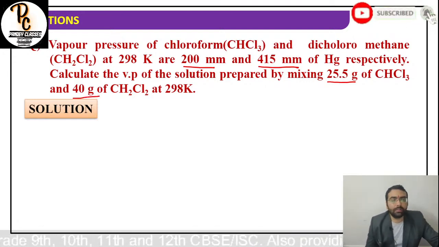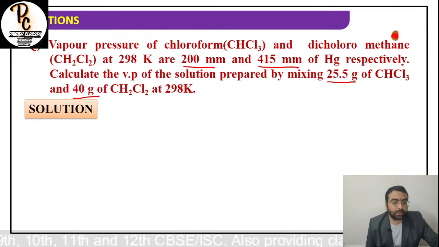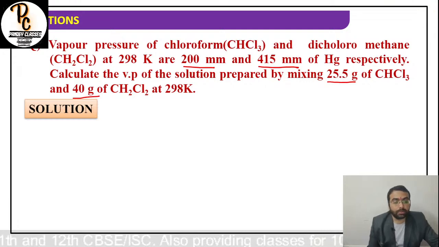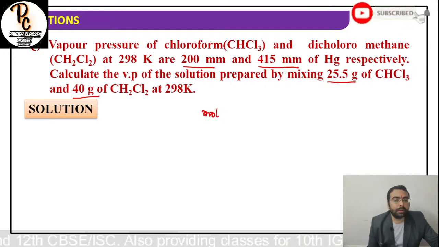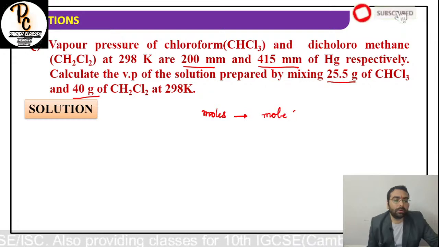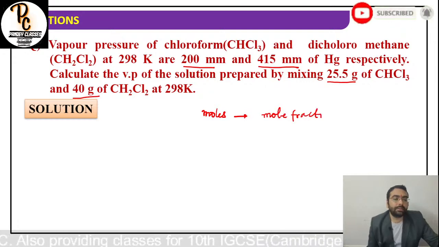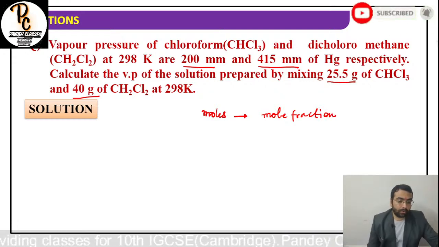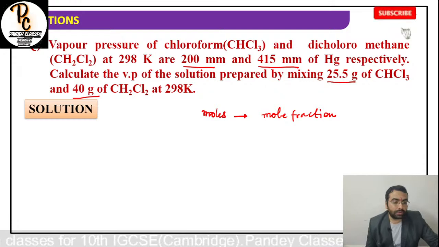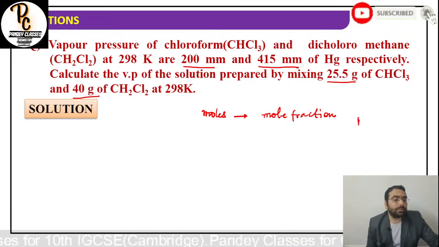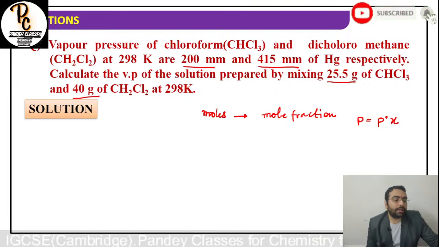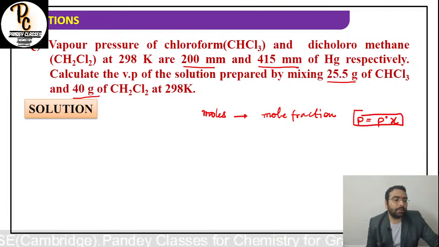First of all we will find the number of moles and then the mole fraction. In the pure state the vapor pressures are already given, so we simply use the formula P equals P naught chi.